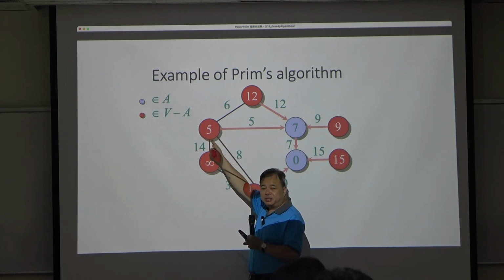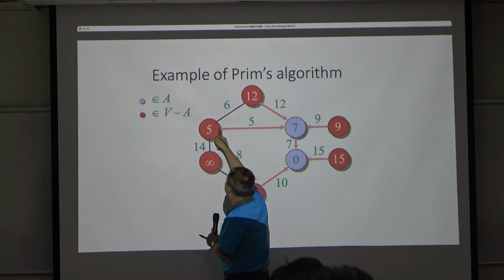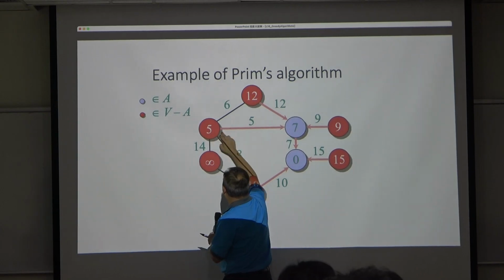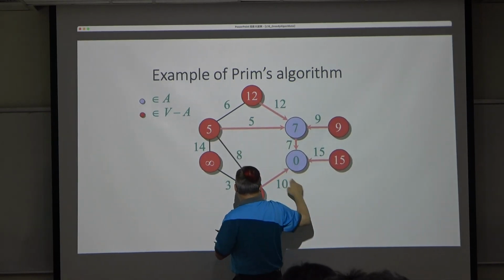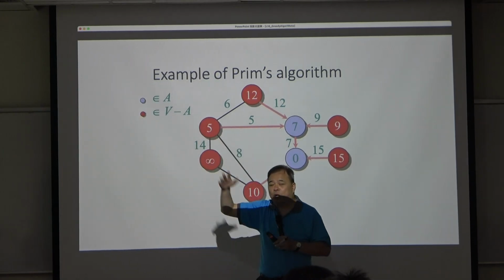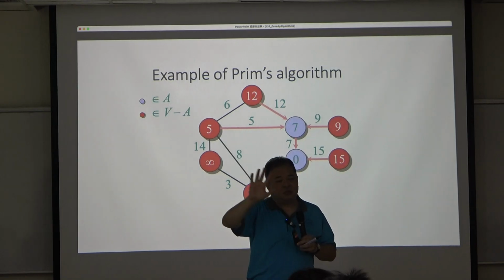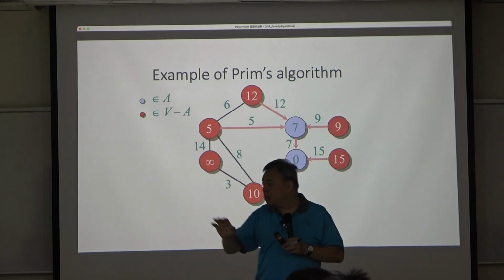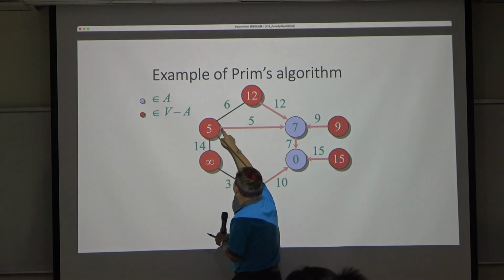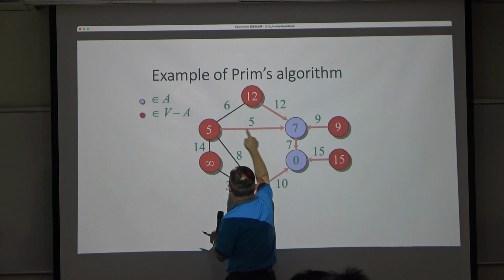This one has the smallest value, 5. It indicates that this edge connecting to A is the smallest among all the edges connecting between A and V minus A. So that's why next we need to include this edge into the minimum spanning tree.